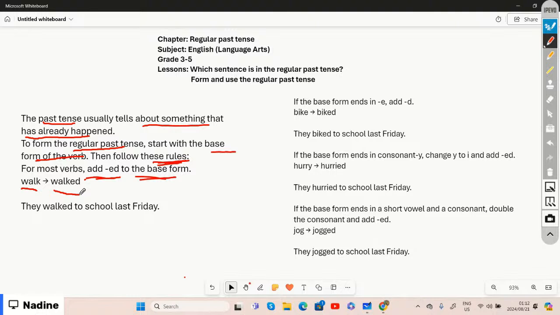And if we look at another example, it says they walked to school last Friday. They walked to school last Friday, which means that if we were to identify or select our regular past tense, then we would say it is walked. And as you can see, it ends with an ed.